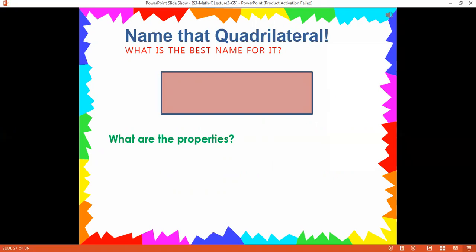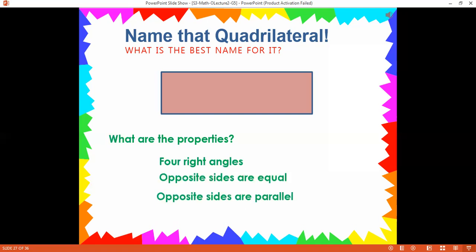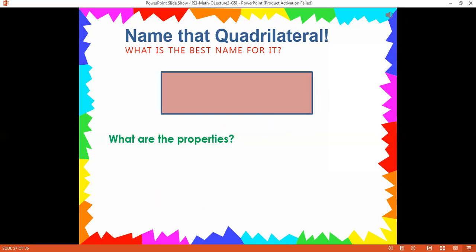No, just the opposite ones, right? So 4 right angles, the opposite sides are equal and the opposite sides are parallel. What do we call this shape then? Rectangle. Excellent, Rasha. This is a rectangle. Very good. Now I'm going to choose someone else.